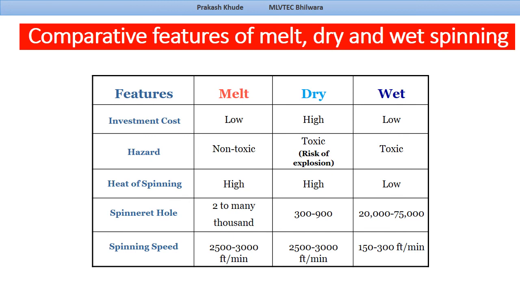In dry spinning systems, the solvent in the polymer solution needs to be evaporated by means of hot air. In wet spinning systems, the spinnerette needs to be kept in the coagulation bath, and the solvent is removed by chemical means. I hope you understand all the basic concepts related to the melt spinning, dry spinning, and wet spinning systems in this video. So stay tuned. Thank you so much for your kind attention.